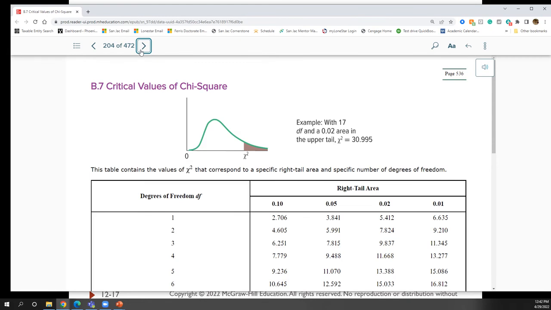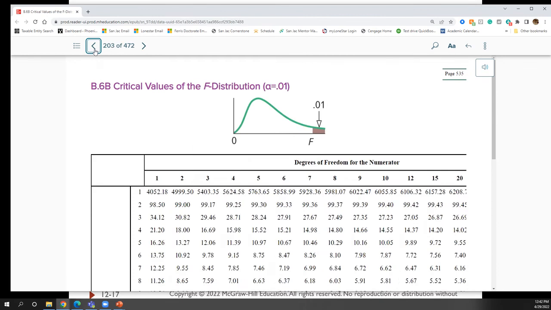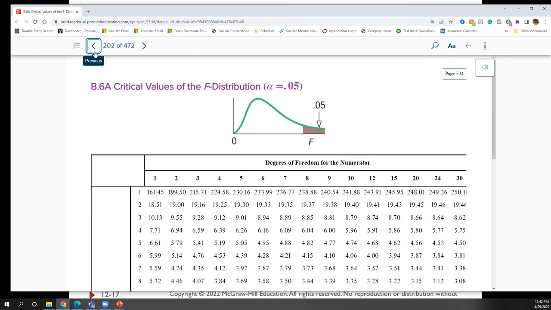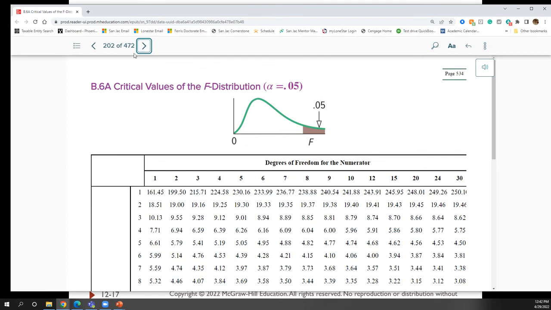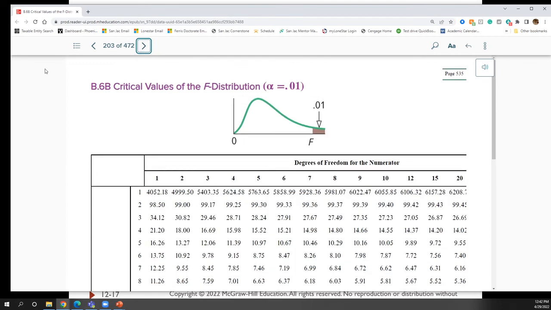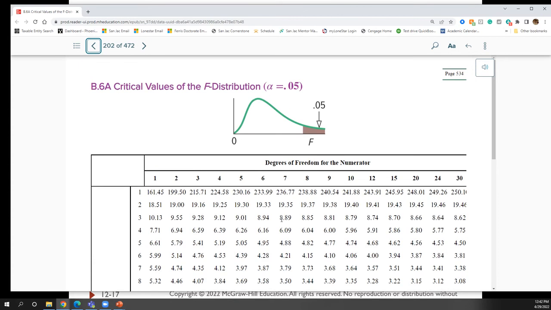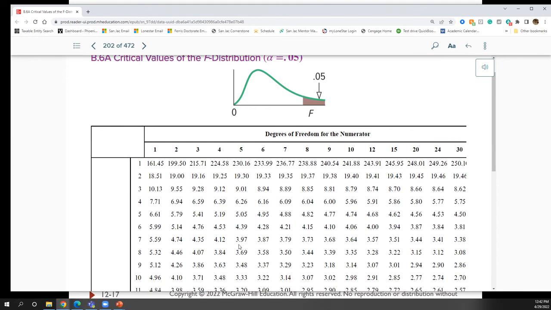And looks like they don't include 11 on any chart. Let's try. Notice that we only got 2 F distributions, either 0.05 or 0.01. So, 2 different ones. But, that's always fun.